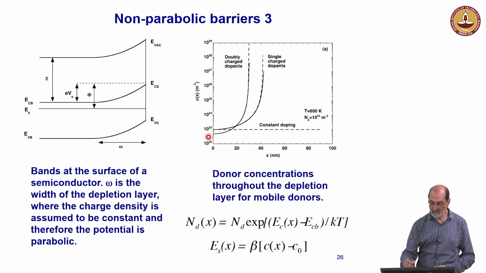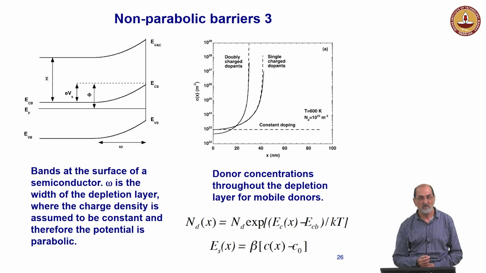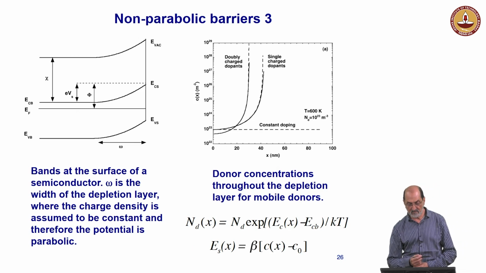And it's amazing, you see, it explodes. It can go very high. I did that for single charge dopants or doubly charged dopants. And the form is what we said: the form is exponential. This is the concentration of oxygen vacancies. Those are the dopants. And the form is an exponential.